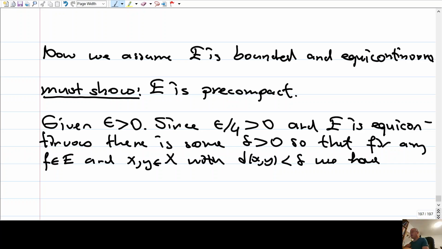This distance is less than epsilon over 4.